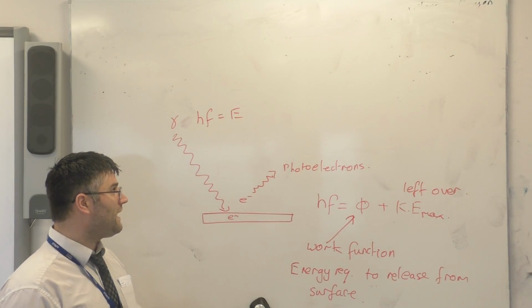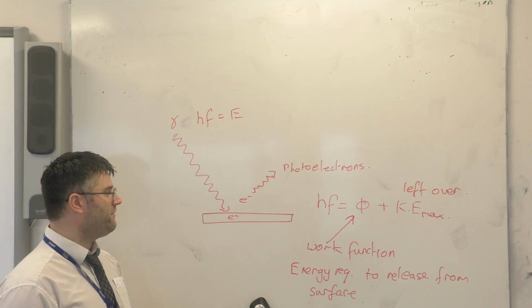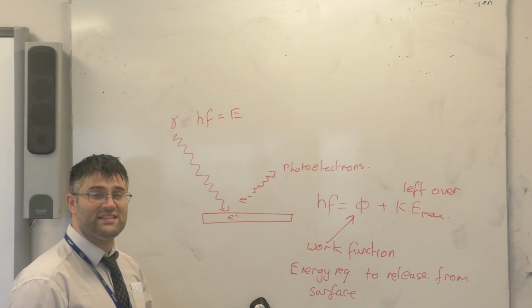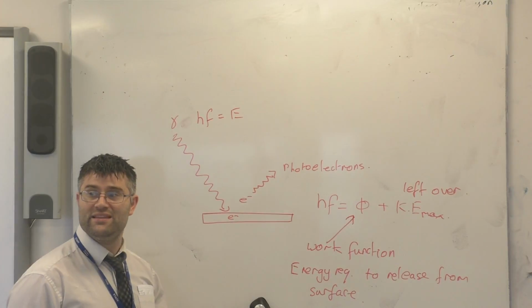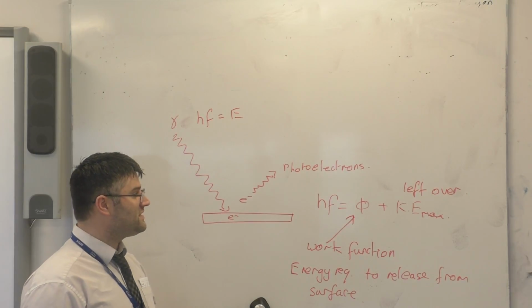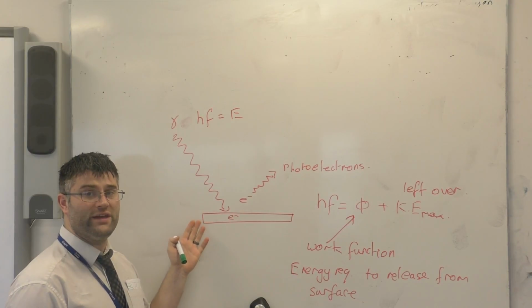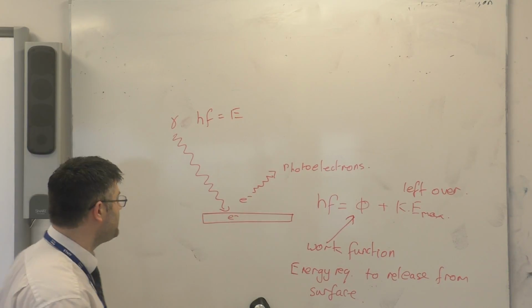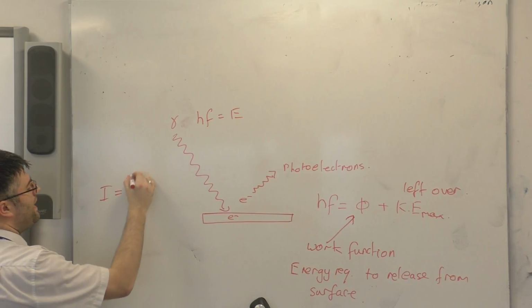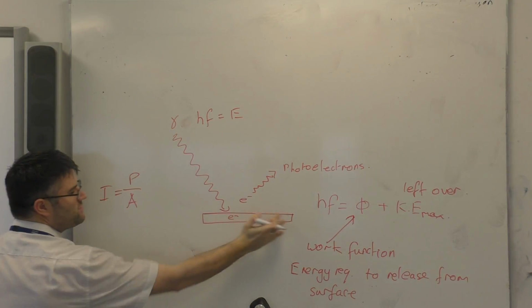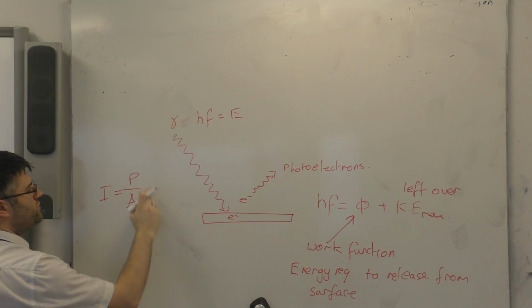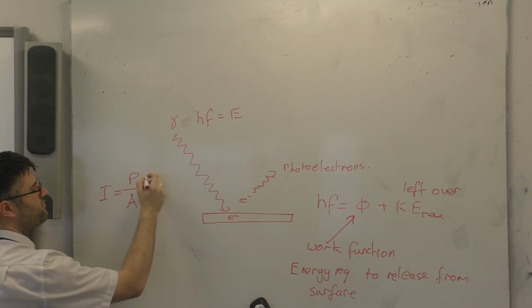Now it is important to realise that this is a one-to-one relationship, and the concept of intensity is very important here. When we think of intensity, what is increasing? Intensity is a measure of power over an area. So if I'm increasing the intensity, I'd have to increase the power.